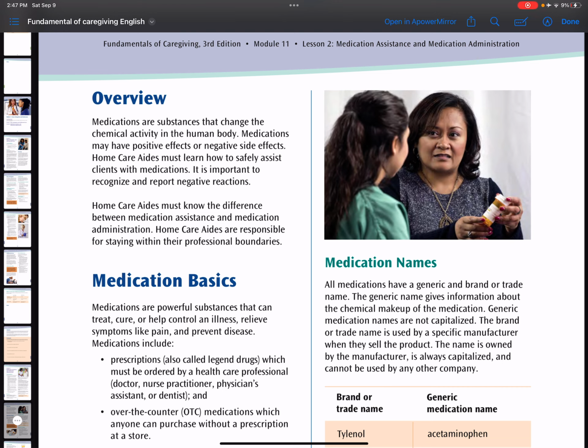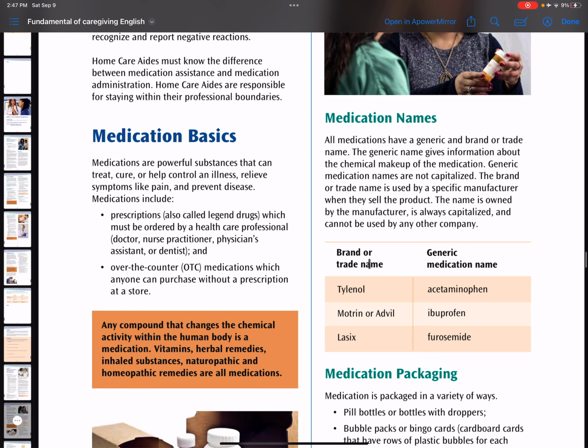All medications have a generic or brand name. All medications usually have two names. The generic name gives information about the chemical makeup of the medication, and generic medication names are usually not capitalized, like acetaminophen, ibuprofen, furosemide.